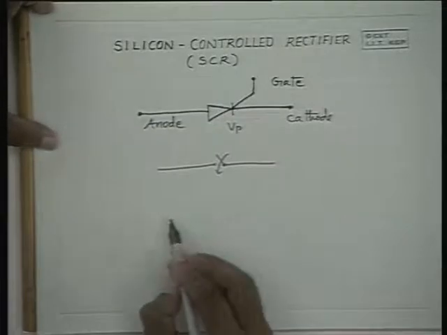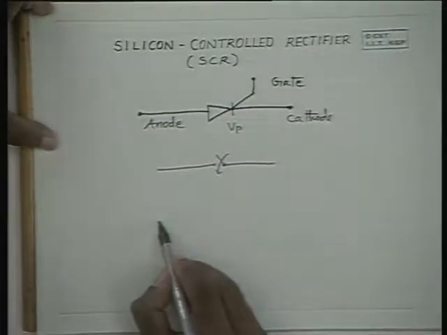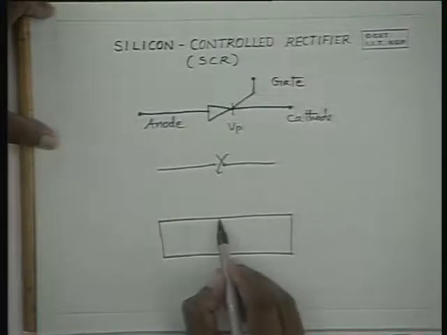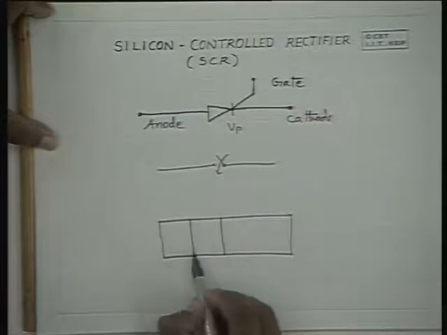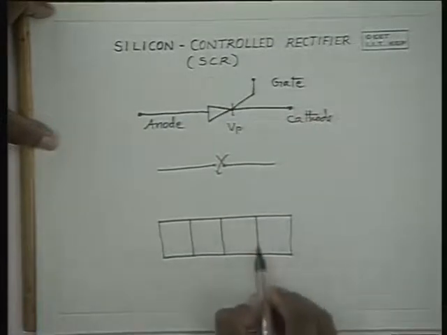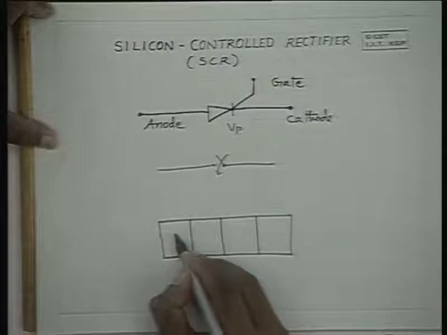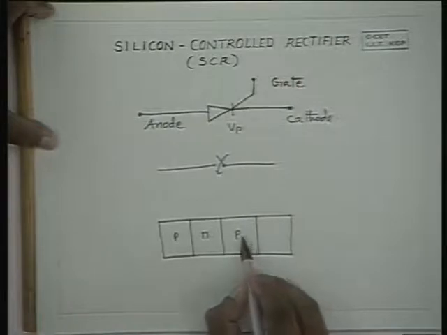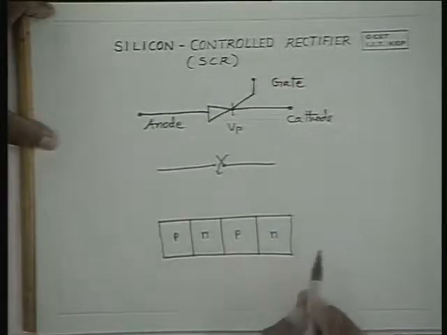And the construction is as given here. It is a junction device with 3 junctions basically. This is one junction, a PN junction, this is a second junction, an NP junction, whereas the third one is a PN junction again.